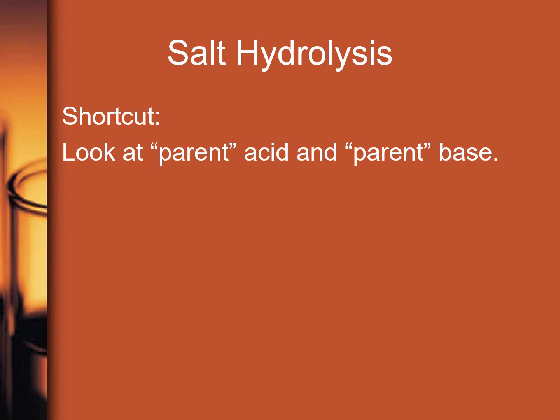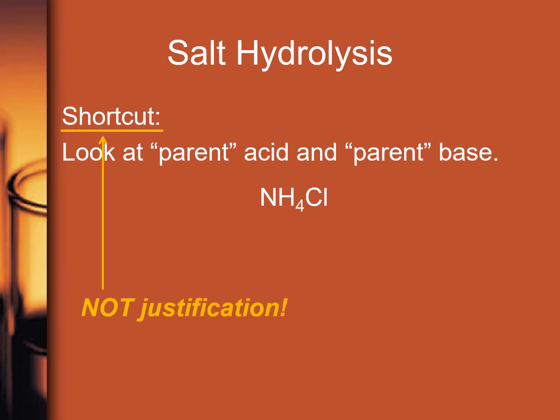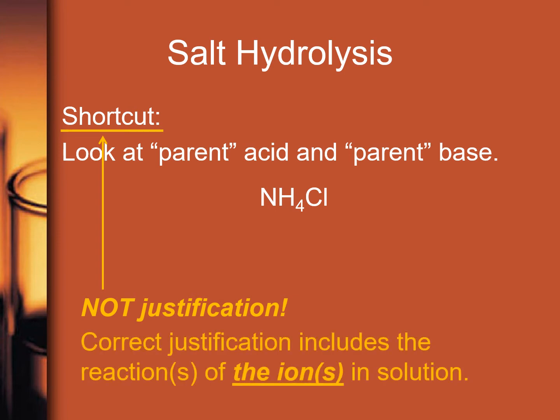So this is just kind of a shorthand way of doing it. But like I said, this is not going to be justification. So if it asks you to justify, you cannot do the shortcut. You must write those hydrolysis reactions. So correct justification will include the reactions of the ions in solution. So what we did during class.